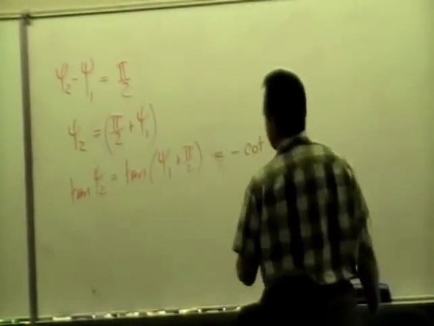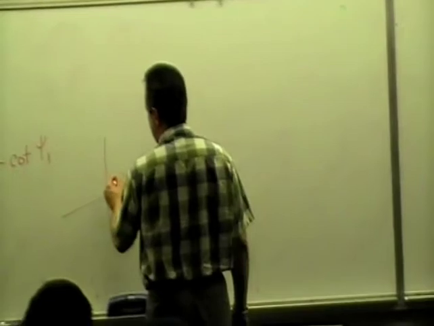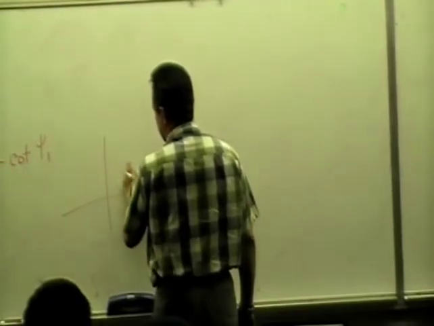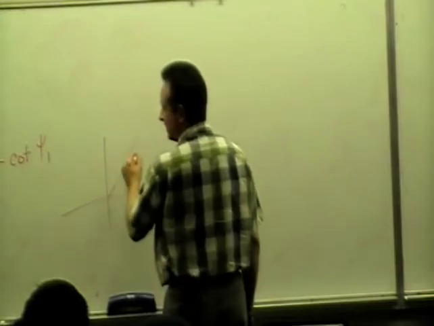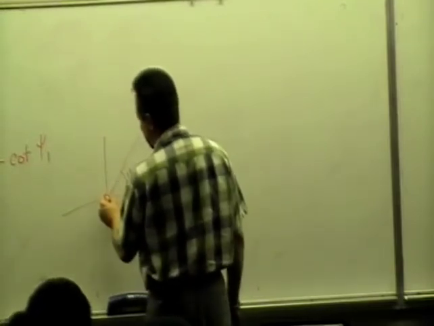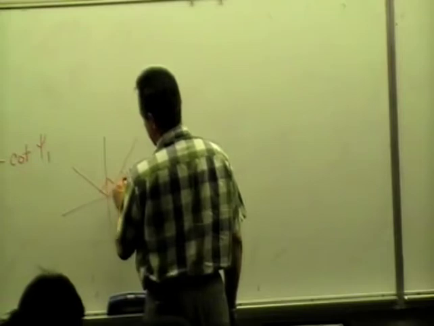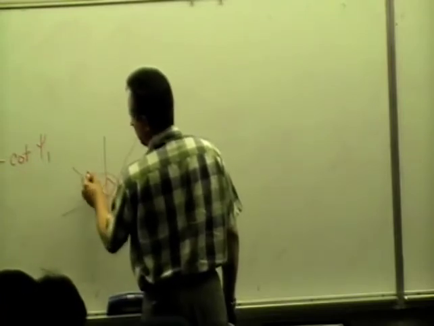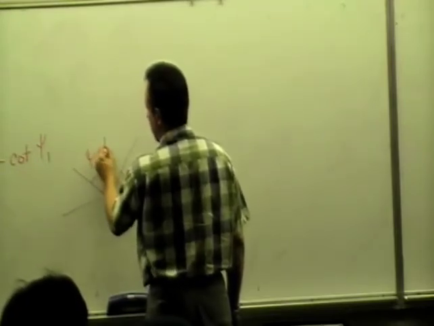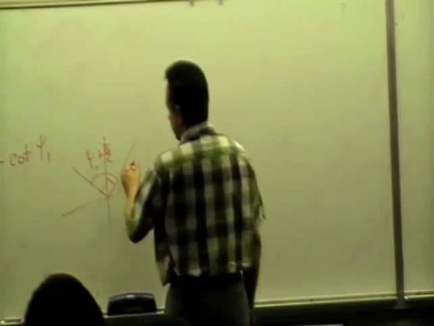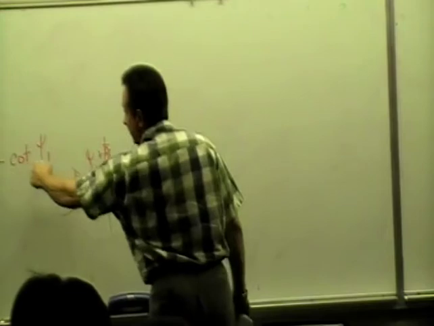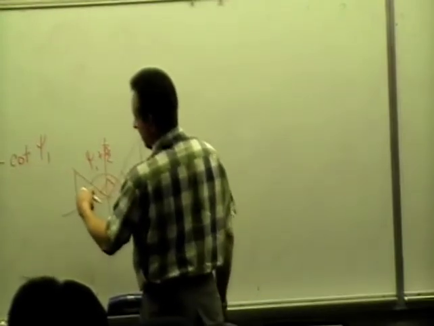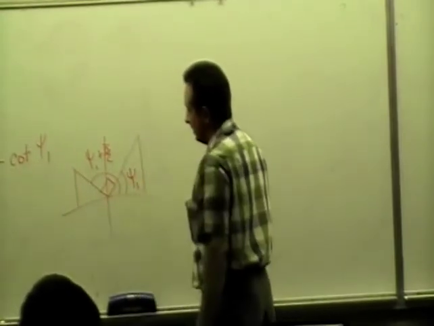If you take an angle psi, and here's your angle psi, and you add pi halves to it, 90 degrees. This is the angle psi 1 plus pi halves. Is the tangent of this angle equal to the negative cotangent of psi 1?